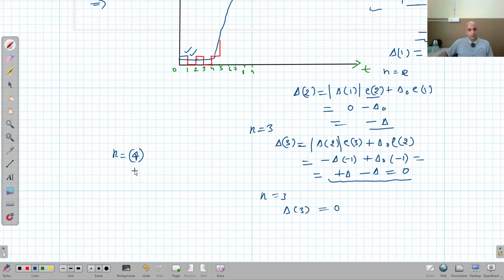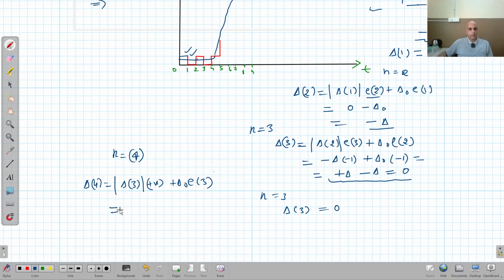So delta 4 is equal to modulus delta 3, n minus 1 means 3, into the positive error signal plus 1, plus delta naught into, sorry, not delta 3 but E3 will be there. Delta naught into E of n minus 1, which means E3. E3 was plus 1.